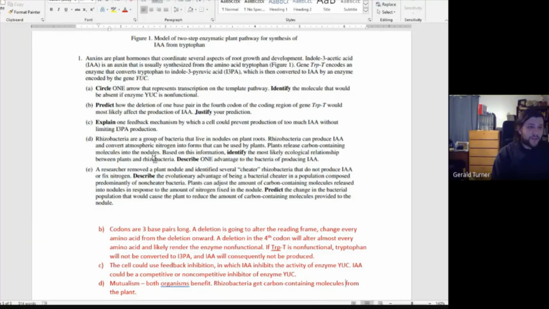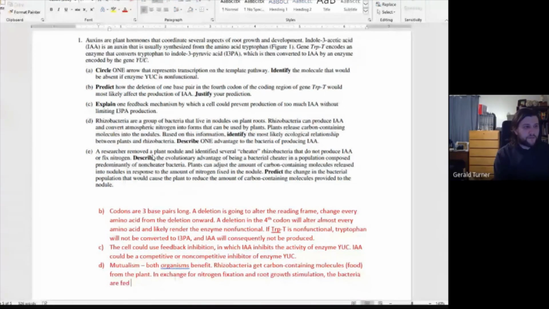So what they've got going on here is essentially in exchange for nitrogen fixation and root growth stimulation, the bacteria are fed by the plants.